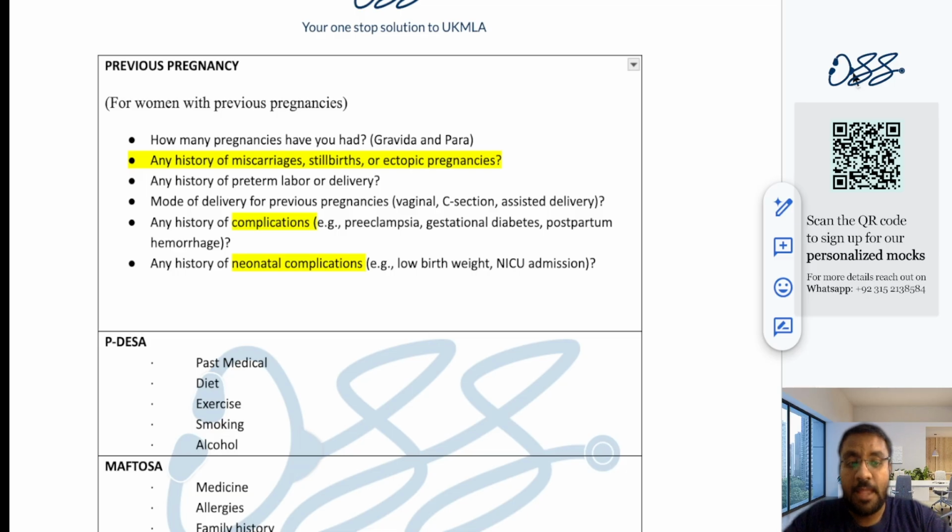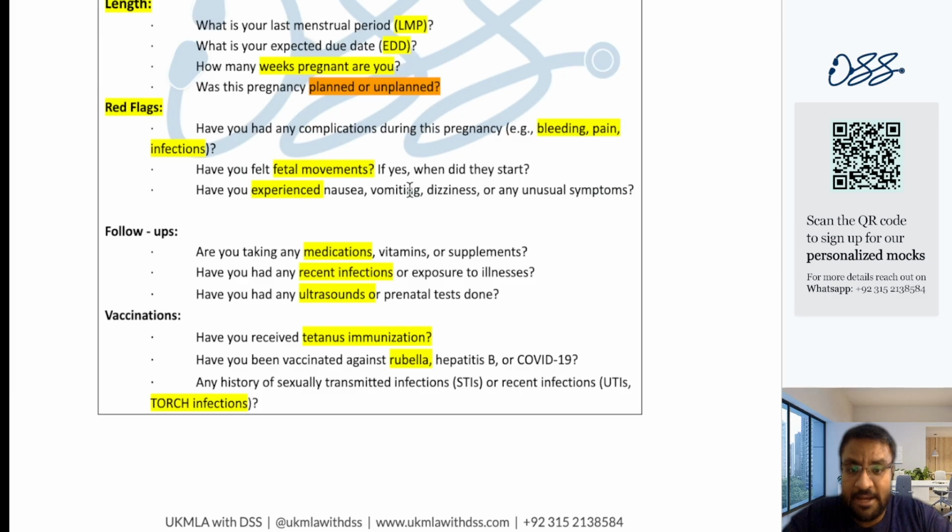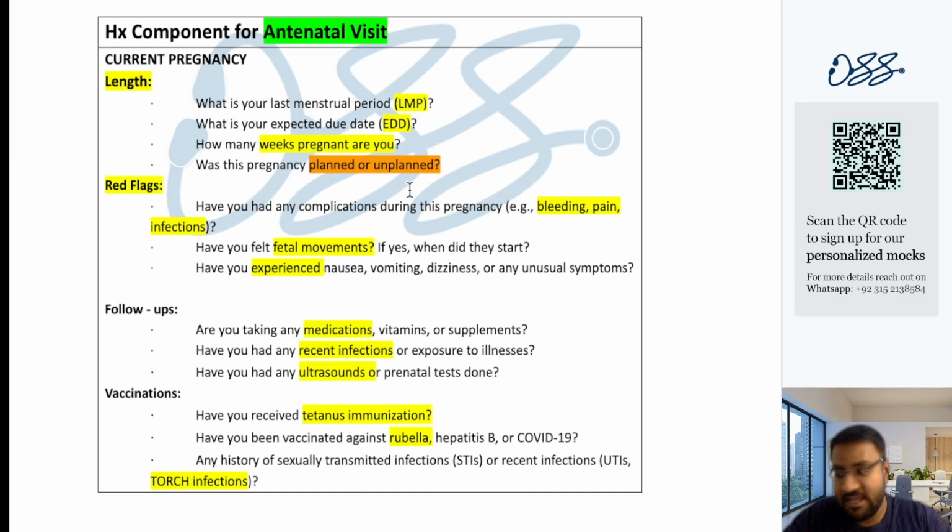Okay, so some complicated stuff, very detailed stuff, not as simple. There is no mnemonic for it like we had in other cases, for example SOCRATES, OPQRST, FLOR, DEZA, and then for the pediatric history we had the P BIND, and for the sexual history and the gynae history we had the 6 Ps.